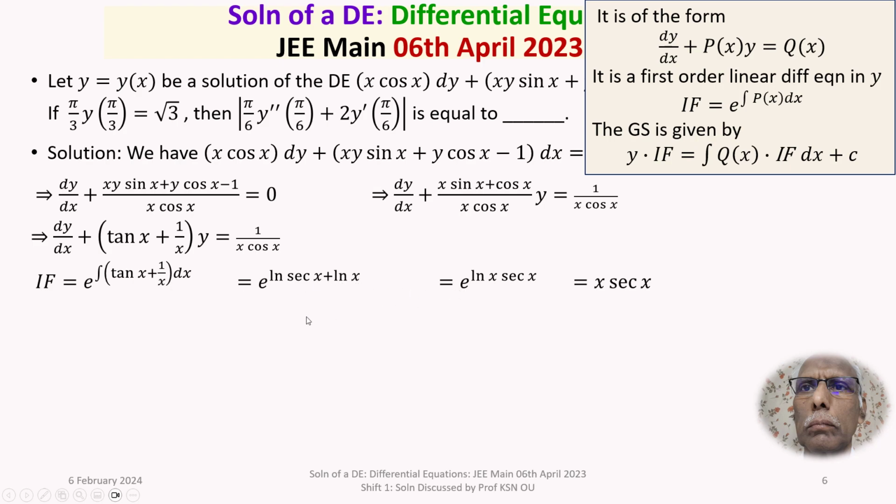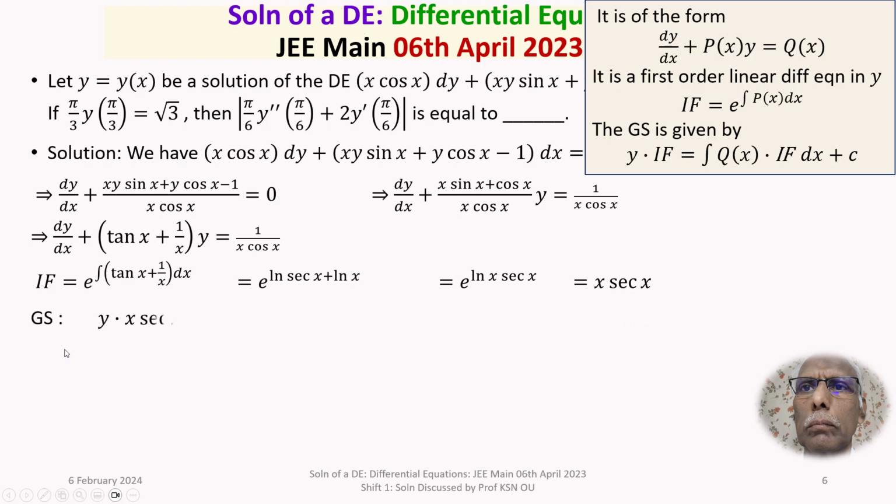So e to the power ln sec x + ln x is equal to e to the power ln of (x sec x), since ln a + ln b = ln ab. And this is equal to x sec x, because exponential and logarithm are reciprocal to each other. We got the integrating factor.